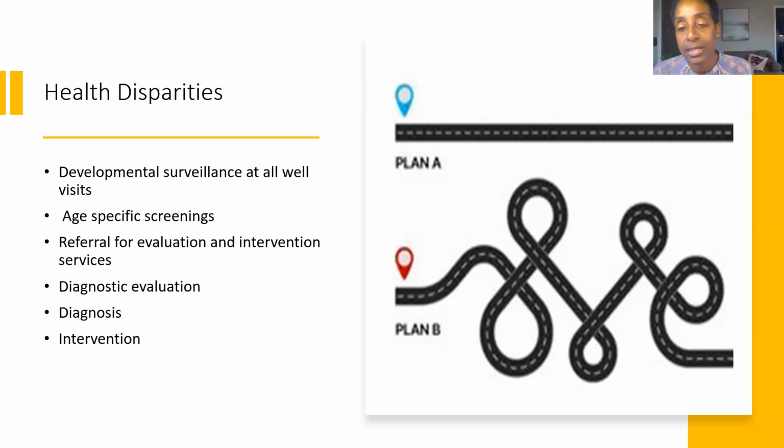The evidence in the literature has demonstrated great disparities in screening rates for children. If we're not screening, we're not identifying. We see cohorts of Black and brown children screened and diagnosed at a much later age. There are also disparities in the positive screening rates, and this can be due to parental bias. It could be influenced by literacy and cultural interpretation of behavior. There are many reasons why parents may not have that concern.